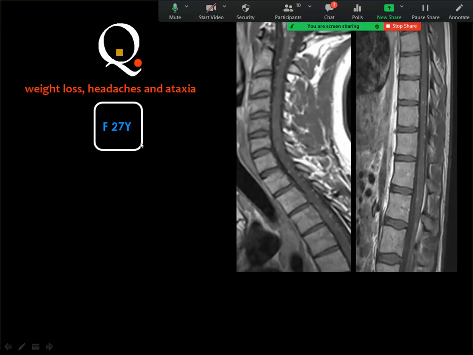The next case is a female patient, 27 years old, with weight loss, headache, and ataxia. These are sagittal T1 post contrast images of the cervical and the dorsal spine.